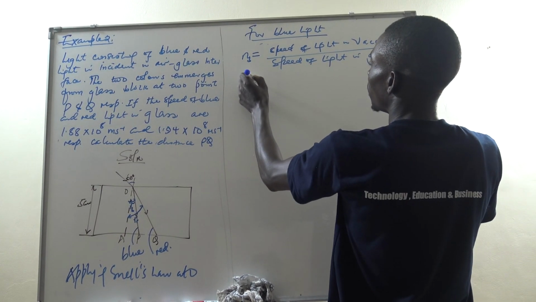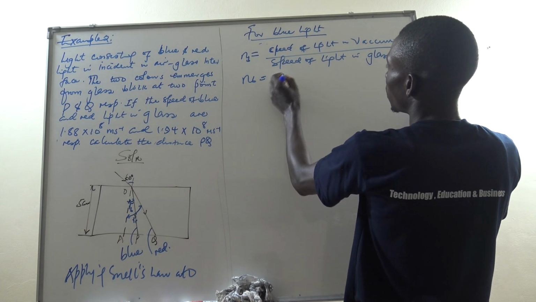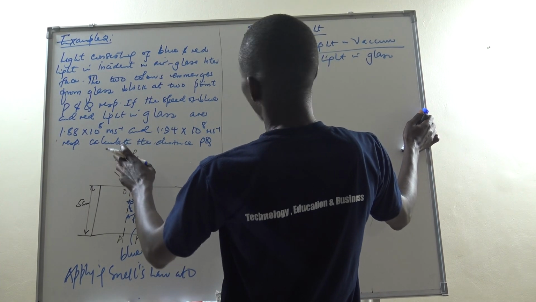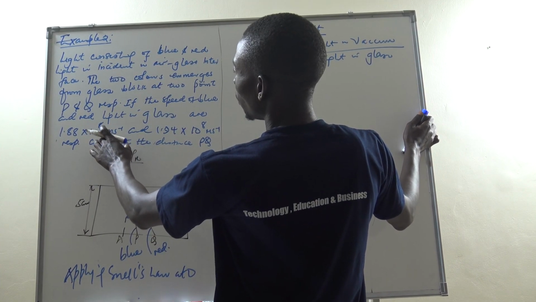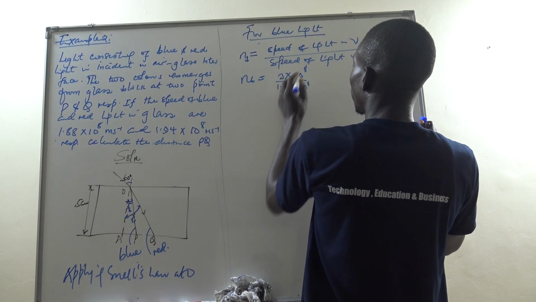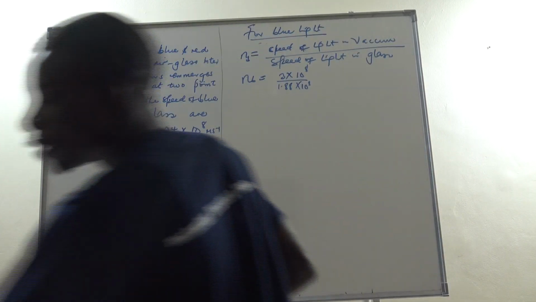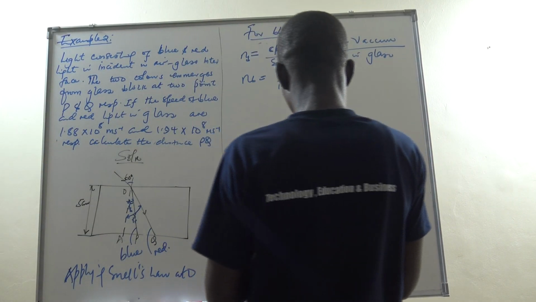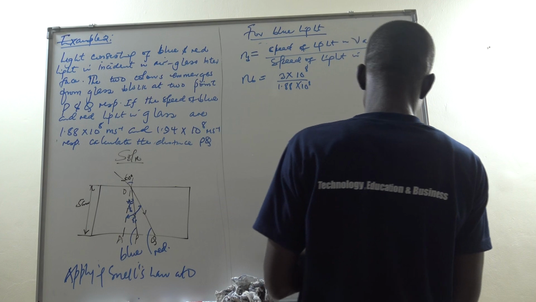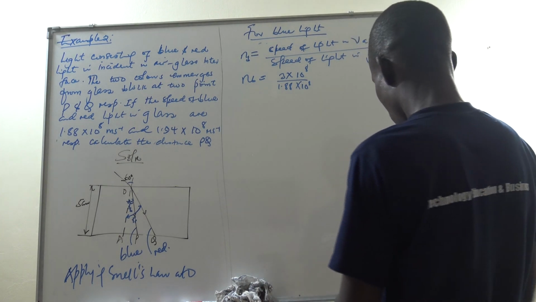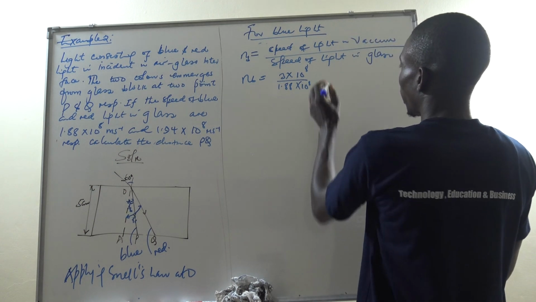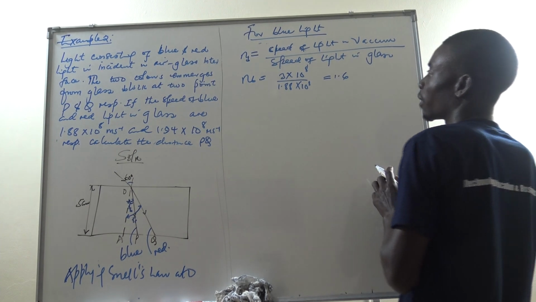So the refractive index of glass for blue is the speed of light in a vacuum, 3 exponent 8, divided by the speed of blue light in glass, which is 1.88 exponent 8. That is 3 divided by 1.88, which is approximately 1.6. So I can record 1.6 as the refractive index.